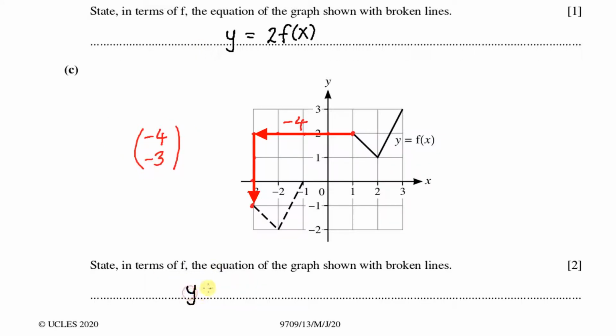That would be y is equal to f of x plus 4. That's for the translation in the x direction. And that's -3. That's for the translation going down by 3 units in the negative y direction. So this becomes the equation of the graph in terms of f.